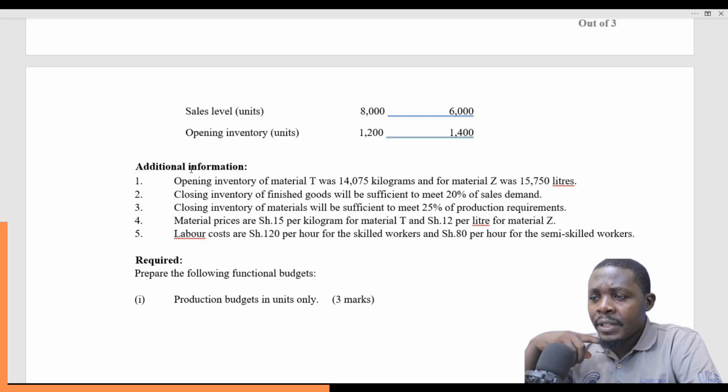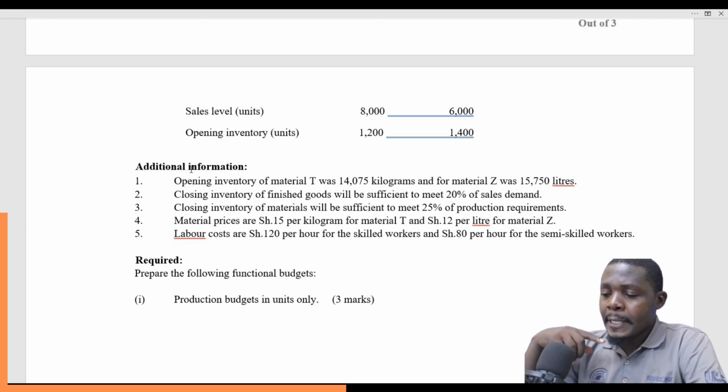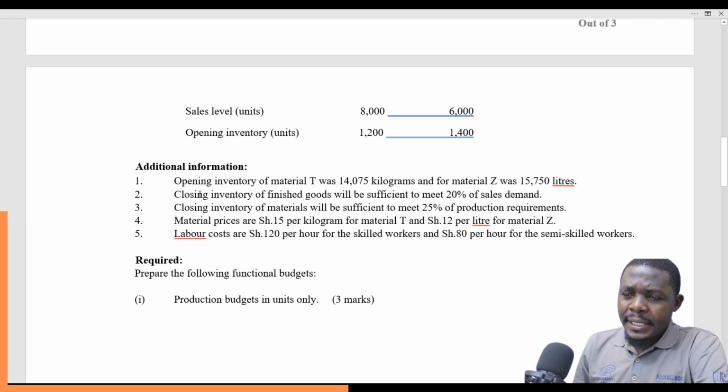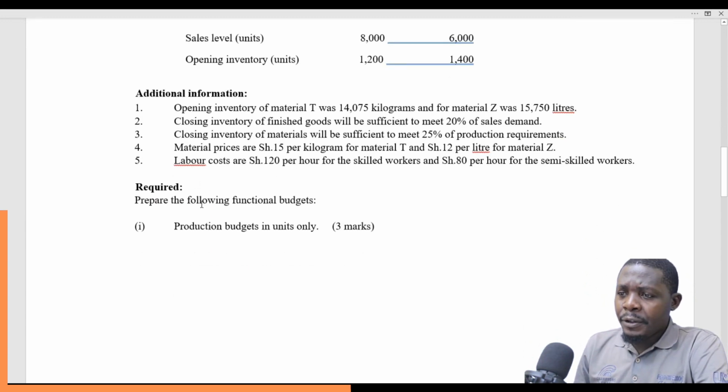Material price is 15 shillings per kilogram for material T and 12 shillings per liter for material set. Labor costs are 120 shillings per hour for skilled workers and 80 shillings per hour for semi-skilled workers. Required: prepare the following functional budgets.